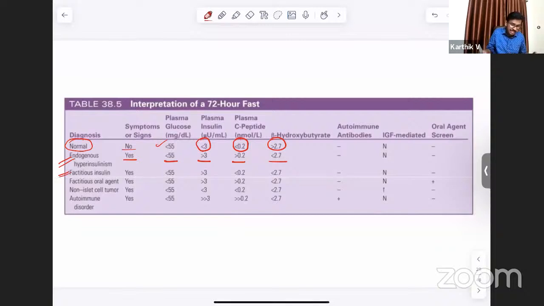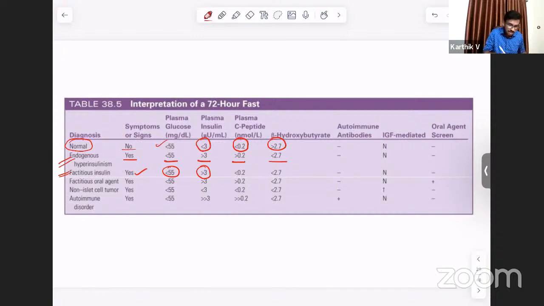What happens with factitious insulin? The patient is taking insulin by himself or herself. Then the patient would develop hypoglycemia. Glucose levels will be low. Insulin levels will be high because the exogenous insulin that we are administering and the endogenous insulin have the same antigenicity, so it will be picked up by the immunoassay, both exogenous and endogenous.